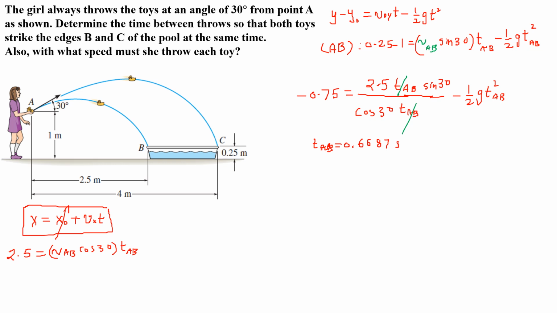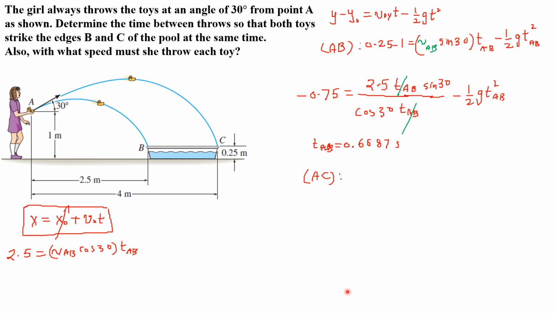Now between A and C, we have exactly the same situation. Try to pause the video and think about the difference between AB and AC. The only thing I need to change is the horizontal distance: 2.5 becomes 4, and the time will be time AC.